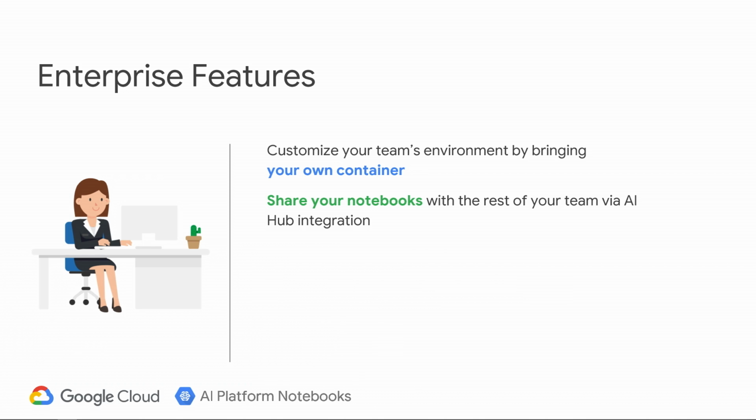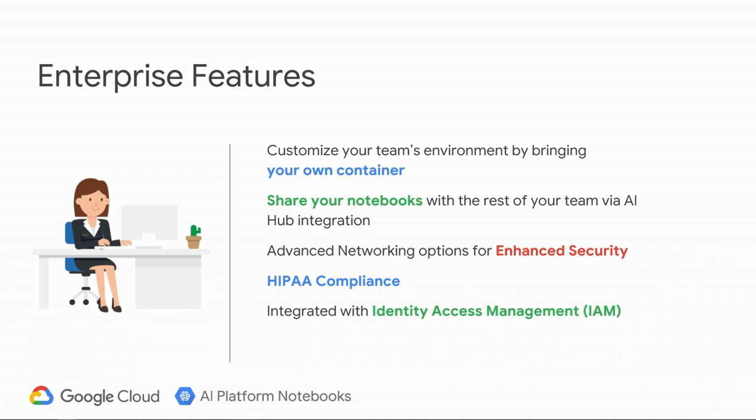This is really useful for sharing notebooks with people who might not have access to your source control, but you still want to give them access to your notebooks. There's advanced networking options for enhanced security. Make sure that you can really lock down your notebooks if you have extra high security needs. It's HIPAA compliant, and it's integrated with identity access management so that the only people who can access your notebook are the people who you want to be able to access those notebooks.